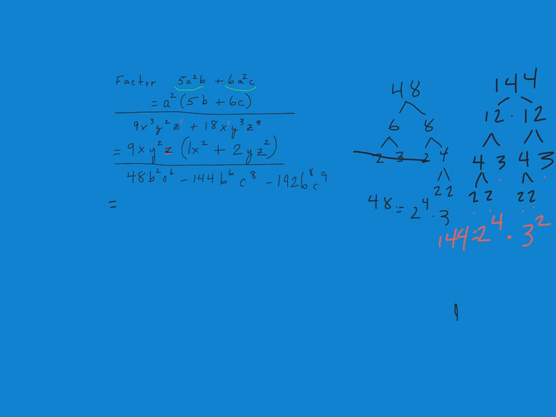192 is 12 times 16, and 12 is 4 times 3. 16 is 4 times 4, and each one of those 4s breaks down into 2 times 2.